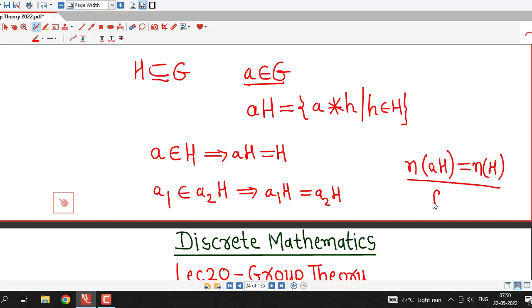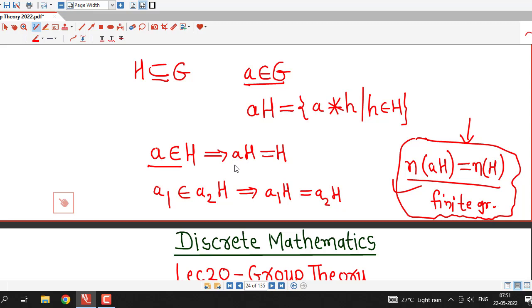This is for the case of a finite group; here we have an infinite group, so we are not concerned about this result. But if we have a finite group, that is a group having a finite number of elements, then we can check this, and we will use these properties also to minimize our calculations or to save our time.